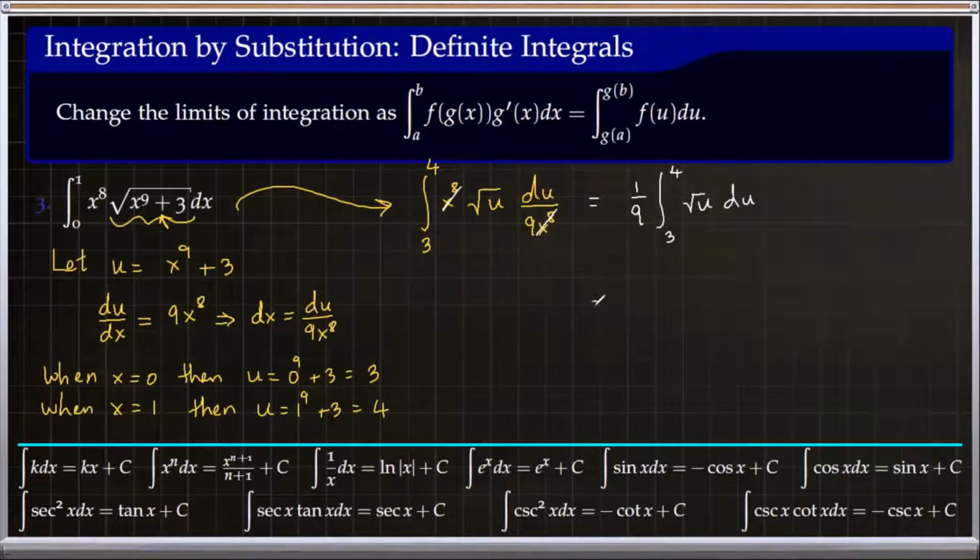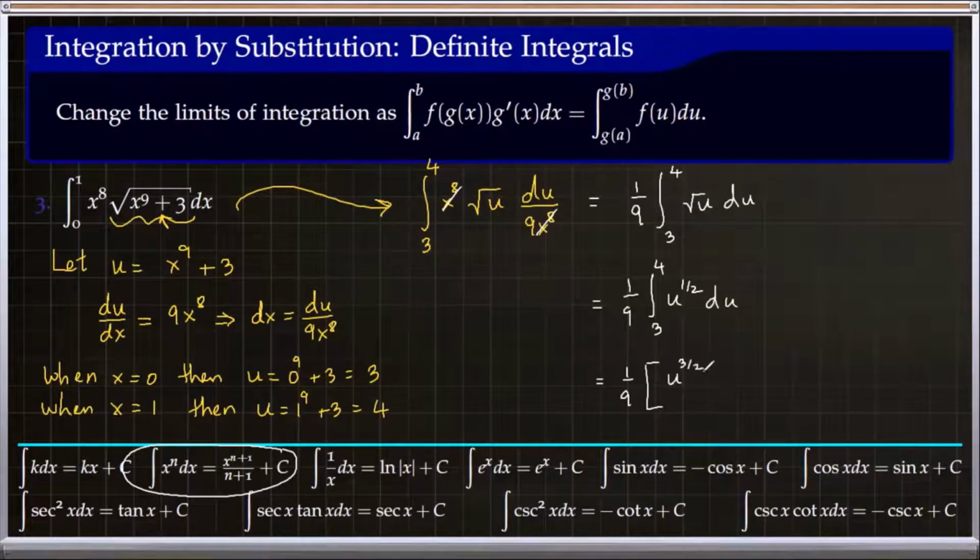So to evaluate this integral, I can write square root of u as u to 1/2. We have du. So now I can just apply this formula, the power rule, to get the integral of u to 1/2. Then we get 1/9 integral. We have u to 1/2 plus 1, which is 3/2, over 1/2 plus 1, which is again 3/2. And then we are evaluating this from 3 to 4.